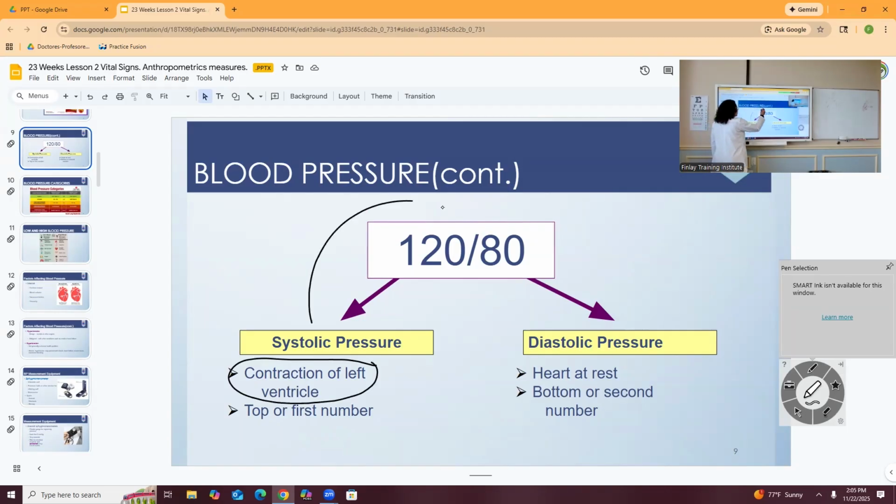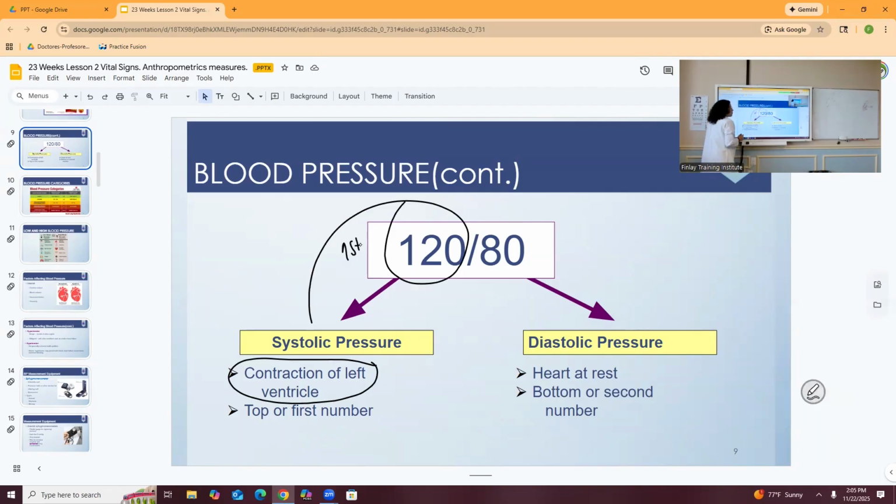And this is going to be the first number. The diastolic is going to be the pressure when the heart rests and when the arteries are resting, when they relax to allow more blood to get in there. And this is going to be the second number that we obtain.